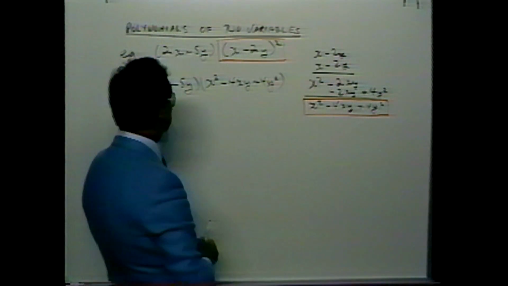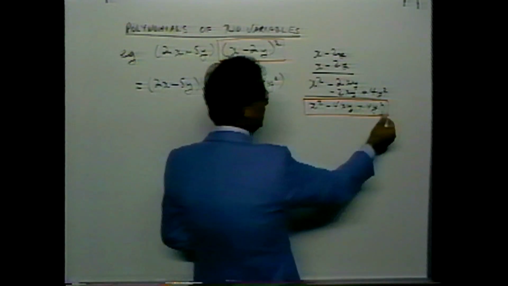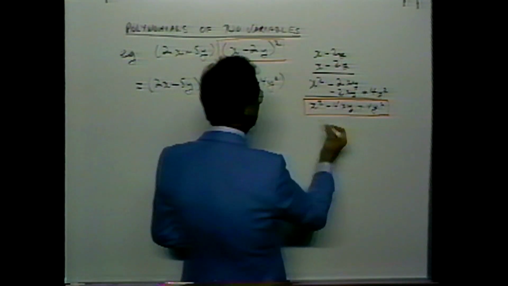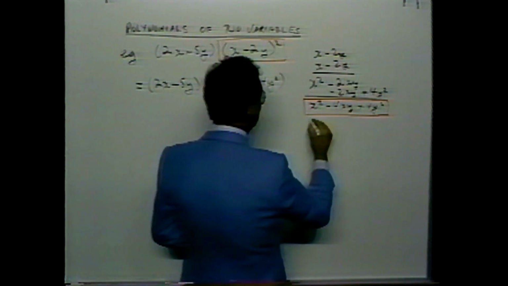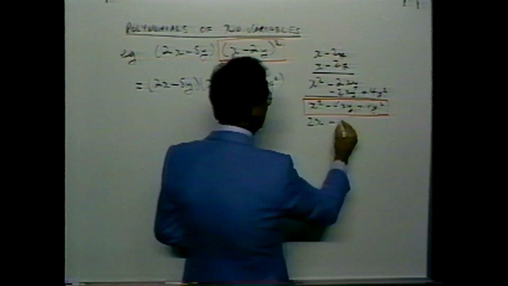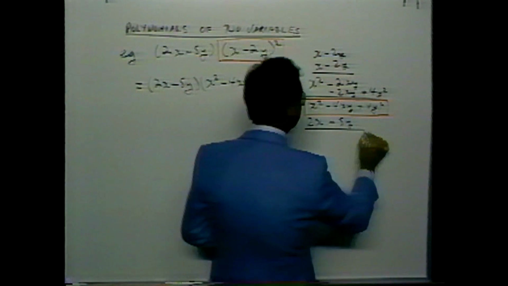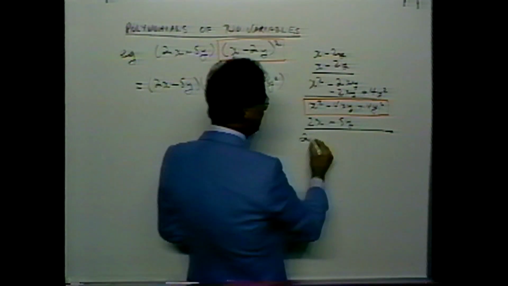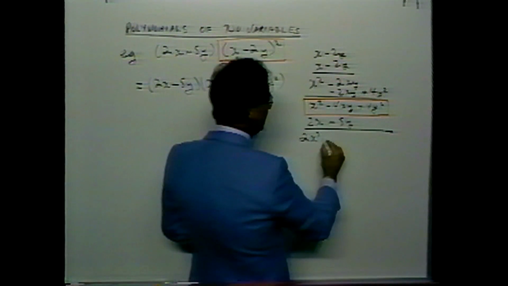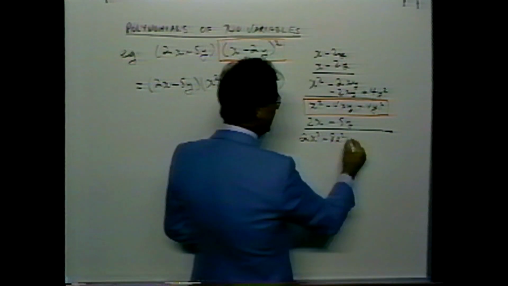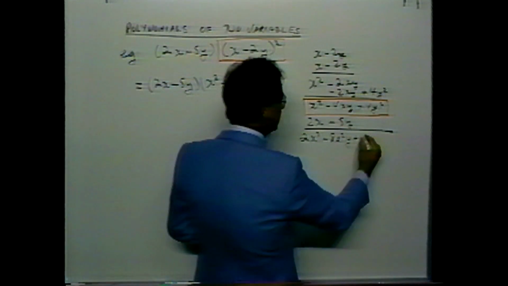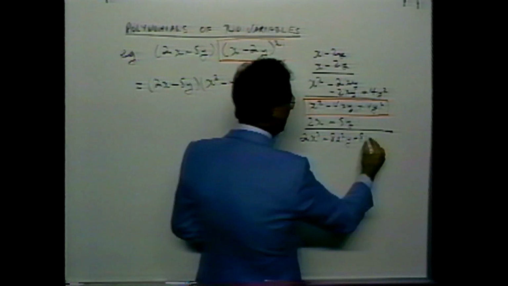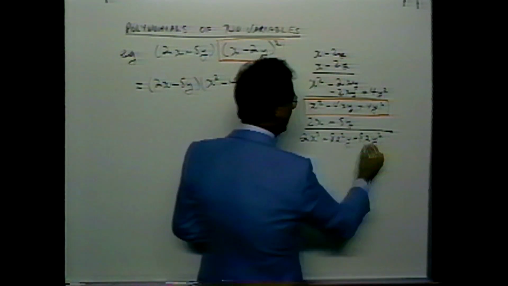I would continue with the solution, having written the first part down here to the right, by multiplying 2x minus 5y vertically here. 2x multiplied by each of the terms above, I have 2x cubed minus 8x squared y plus 8xy squared.